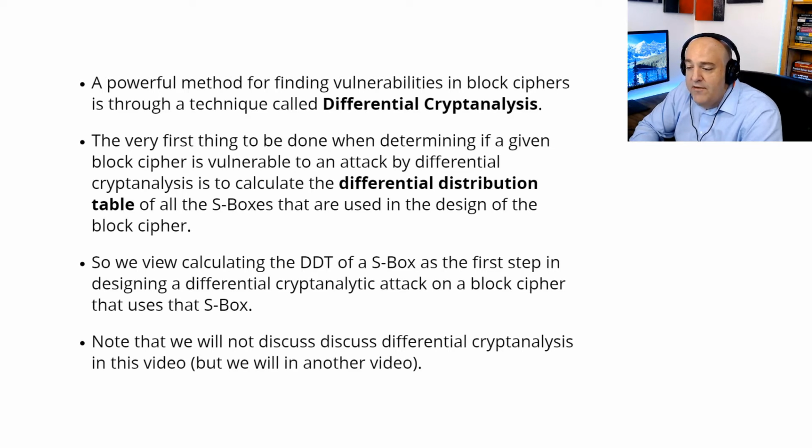In all block ciphers, you're going to have S-boxes, and you would look at the S-boxes individually, independent of the whole cipher, and just calculate the DDT of those S-boxes and take a look at them. So we view calculating the DDT of an S-box as the very first step in designing a differential cryptanalytic attack on a block cipher that uses that S-box. And we won't talk about differential cryptanalysis in this video, but we hope to do so soon in another video.